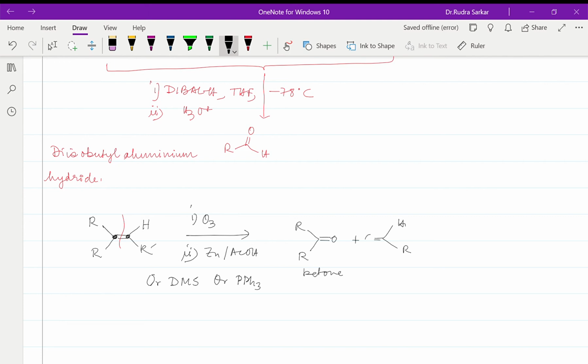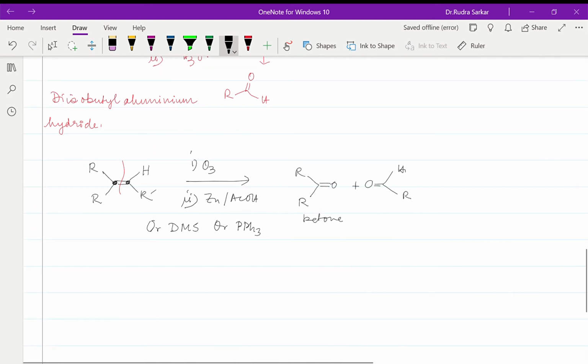So it does depend on the structure of the alkene what our products will be, whether a ketone or aldehyde.